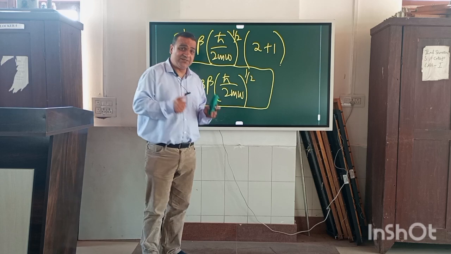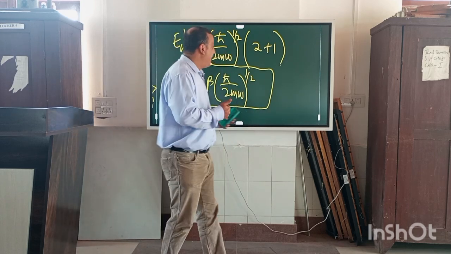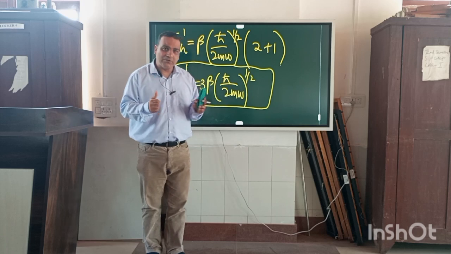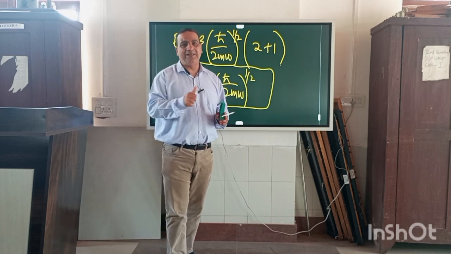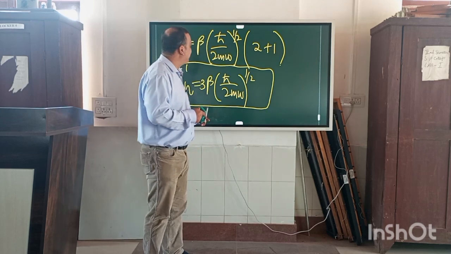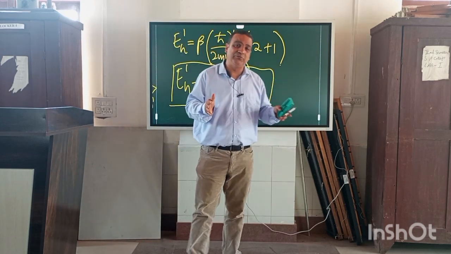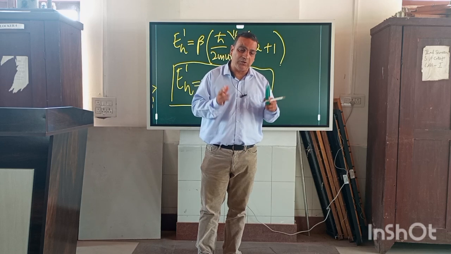In this case, the system we were dealing with is a harmonic oscillator, and this harmonic oscillator is subjected to an external perturbation, and that perturbation is calculated in the framework of what is already calculated for the original harmonic oscillator.